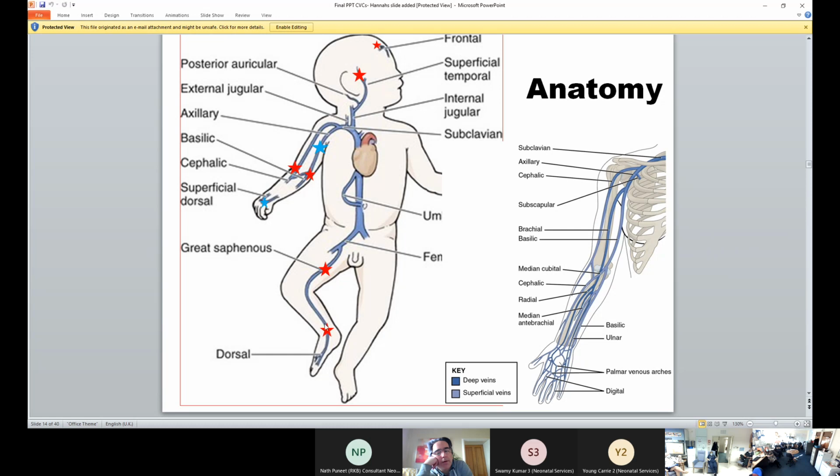The second one we like is the long saphenous vein. Long saphenous vein can be approached just above the ankle, or you can try it in the thigh here, if this one was used.